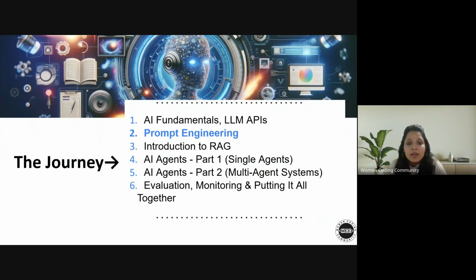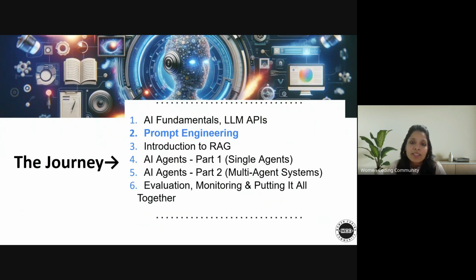So let's come back to what we are learning today. We are learning about prompt engineering. I know it sounds like very simple words. We say, oh, it's writing prompts, how I write English. But prompt engineering goes a step further, and it helps you think in a different way.